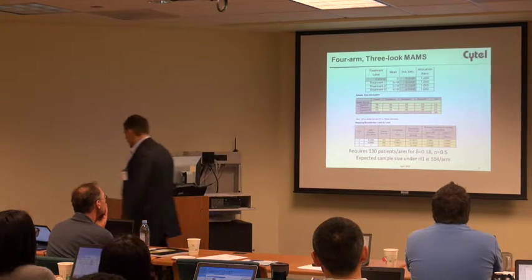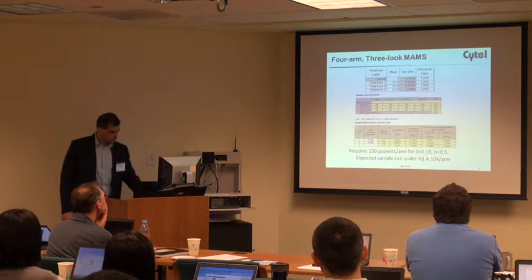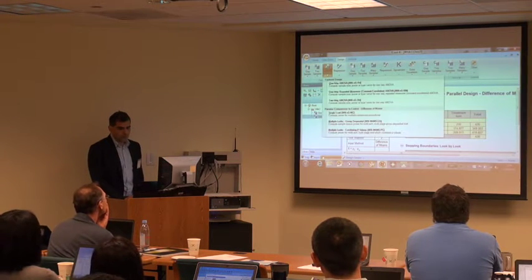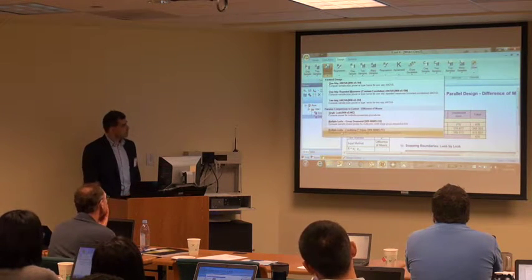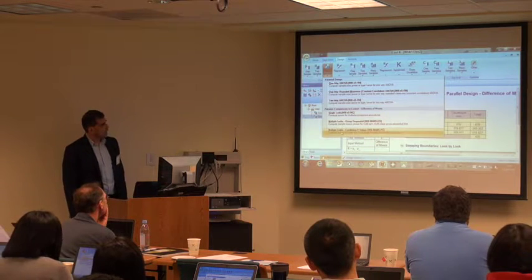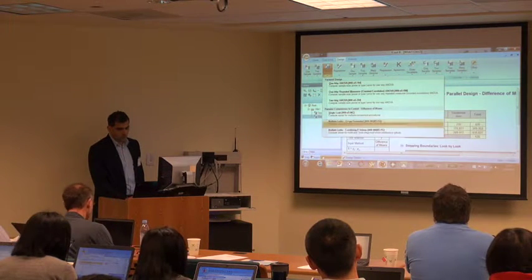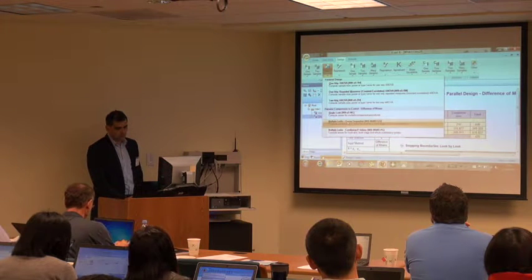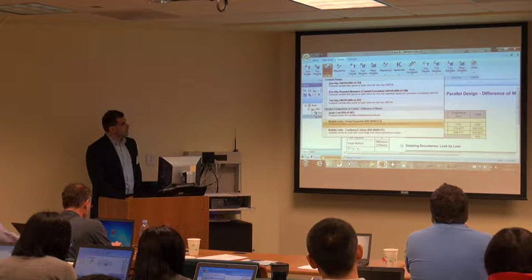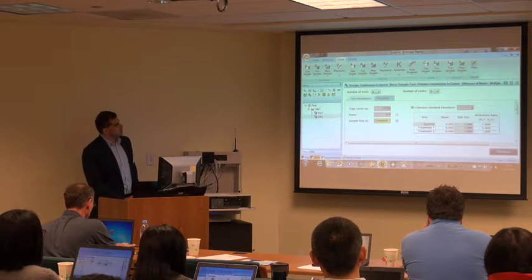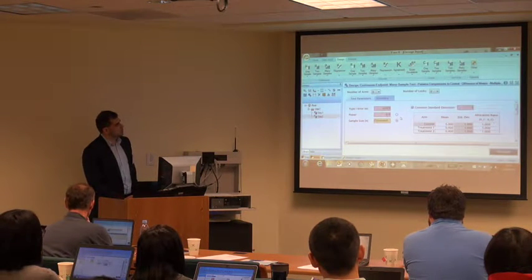And the way that you would run this in East is you would go into the many samples. You would select multiple looks, combining p-values, the MAMS approach: multiple arms, multiple stages, the group sequential approach. Click on OK, and then we still have 0.025 and 90% power.